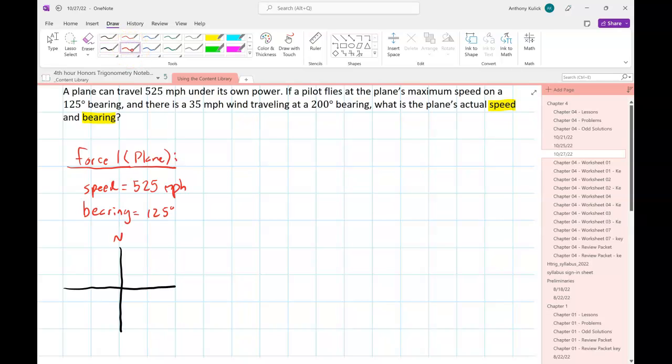Standard position angle. So that bearing is going to be down here in quadrant 4, 90 degrees, and then 35 degrees. So my standard position angle is going to be 90 plus 90 plus 90 plus 55, which is 325. Everybody's cool with that?